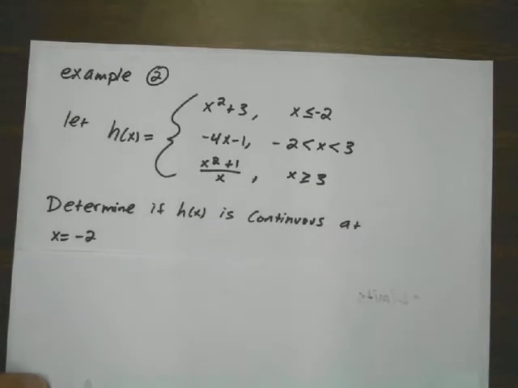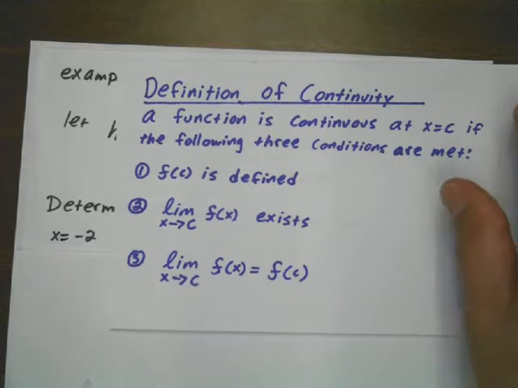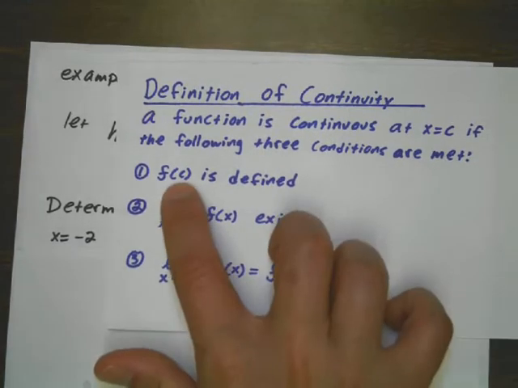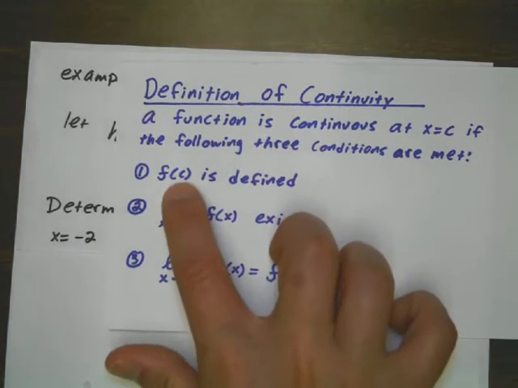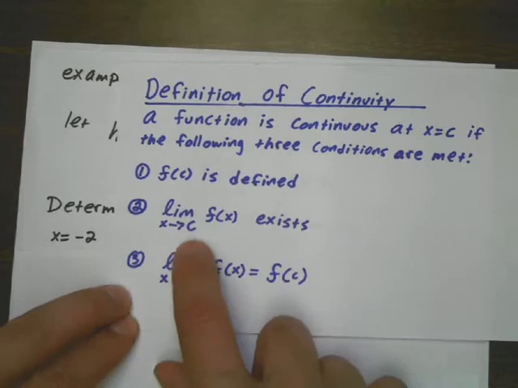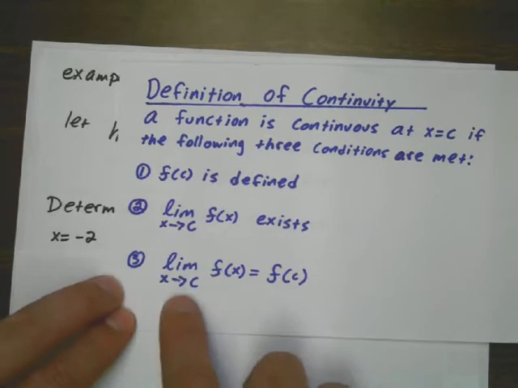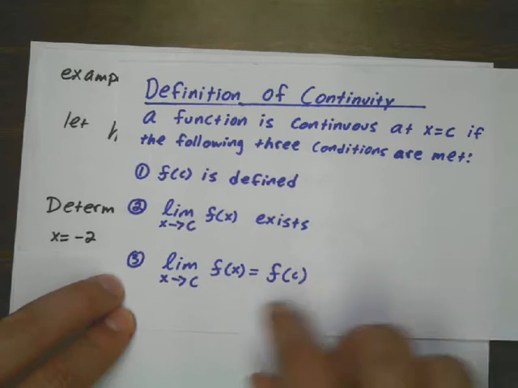So to determine if it's continuous at -2, relying upon the definition, I need to first of all check 3 different things. First of all, is it defined at -2? Is the function defined? Does the limit exist at -2? And then, does the limit equal the definition? So once I check these 2, this last one is saying, are these 2 going to be the same?